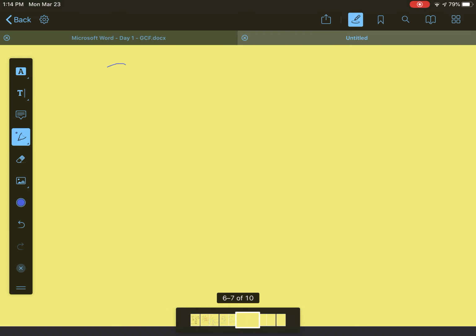We've got 8y to the 9th minus 2y to the 4th. So again, first step, let's find our GCF. Let's first just focus on our numbers. I'm going to list my factors of 8, which are 1 and 8, and 2 and 4.